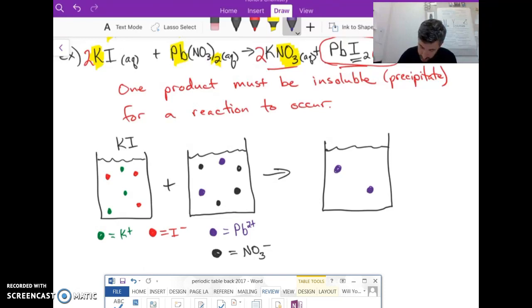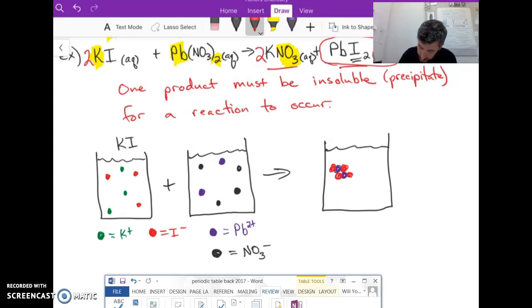So when I do put these together, the little purples, the Pb2 pluses, and the little reds, the I minuses, they're going to come together, and that's going to form, and I guess I should have drawn it all together as a little crystal. That's going to form a little crystal, right, of PbI2.